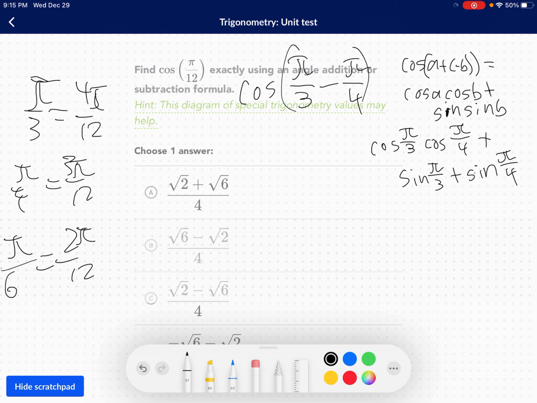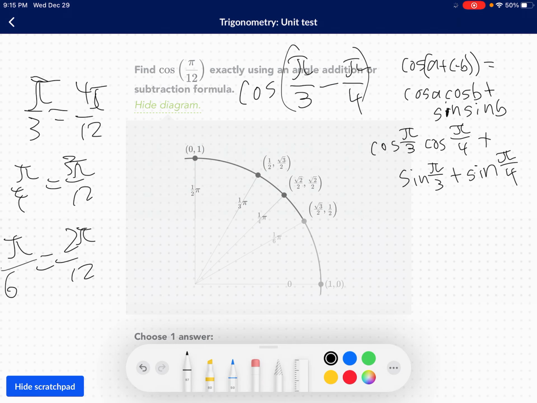I think that's the identity. I might be wrong.